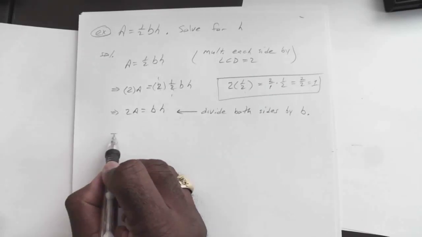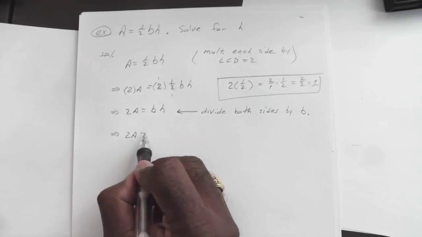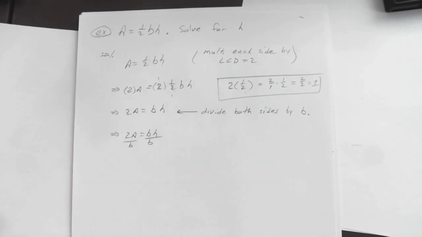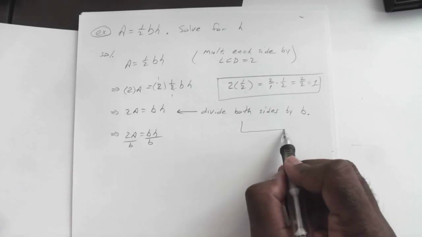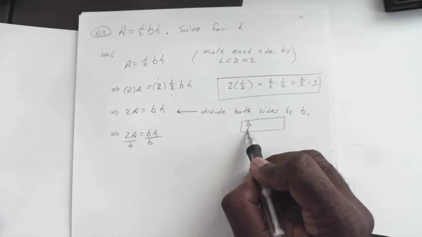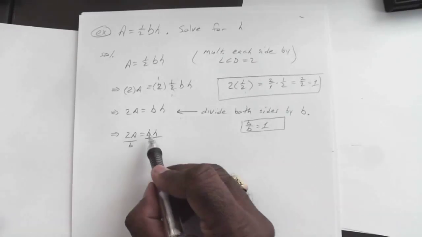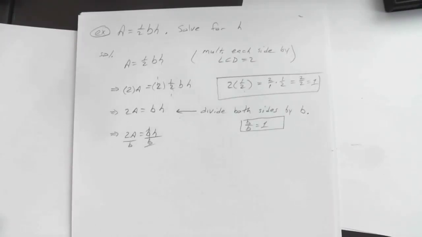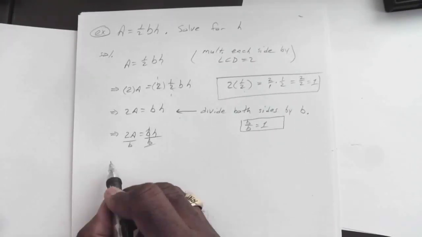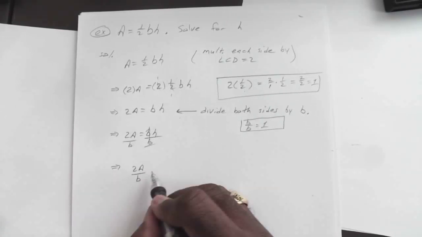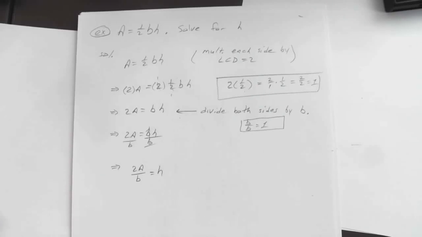So that would give us 2a equals b times h, but we divide both sides by b, where we know that b divided by b is just 1. So these two cancel each other out. So you're left with 2a divided by b is equal to h.